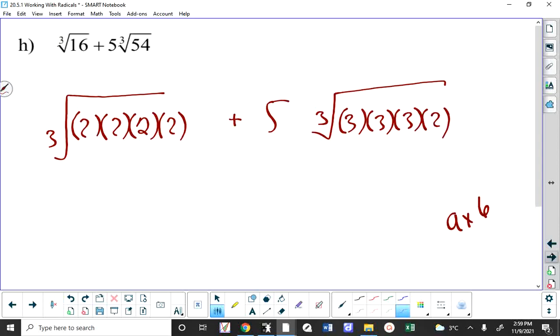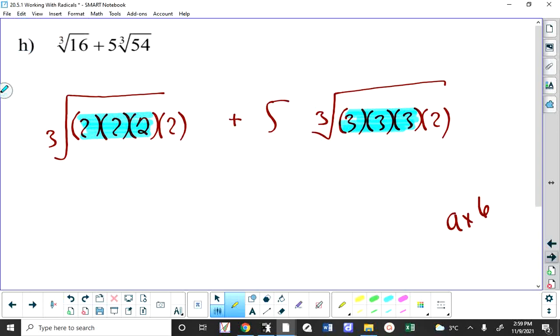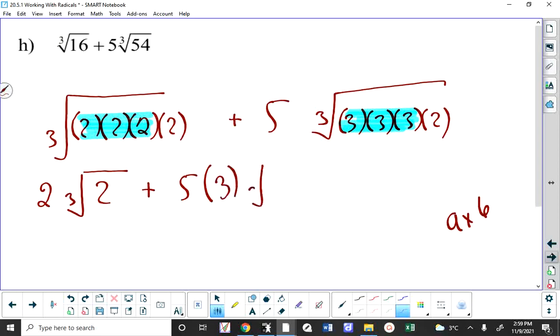These are cube roots, so I'm looking to extract a triple. And if your 3 3's were not written beside each other, then it doesn't matter. You could have them separated by numbers. This becomes 2 cube root 2 plus 5 times 3 cube root 2.